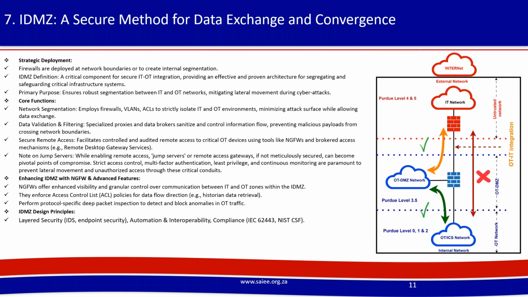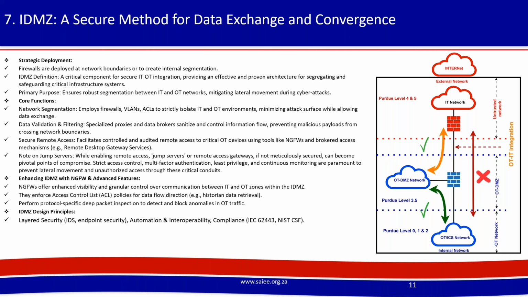Now we can move to the Industrial Demilitarized Zone, or IDMZ. This is a truly critical architectural component for achieving secure IT-OT integration. Its fundamental role is to provide a highly secure buffer, effectively segregating the IT and OT networks.